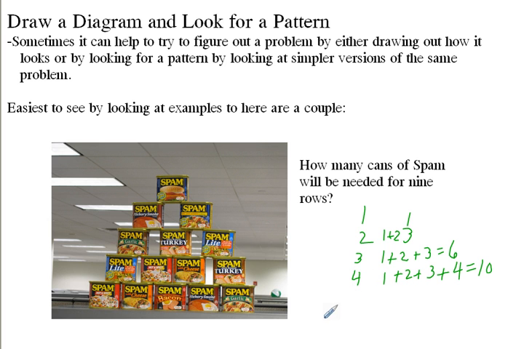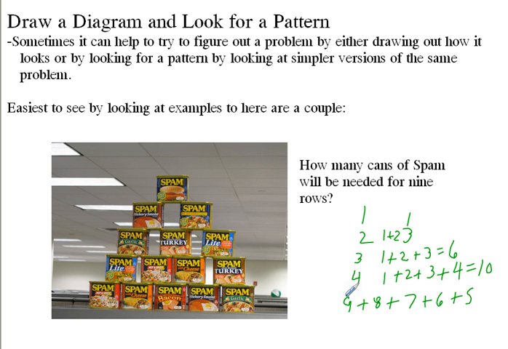So when we have 9 rows, we're going to need to start off with 9 cans on the bottom. 9 plus 8, so that's 17, plus 7, that's going to be 24, plus 6, that's going to be 30, plus 5, so that's going to be 35.